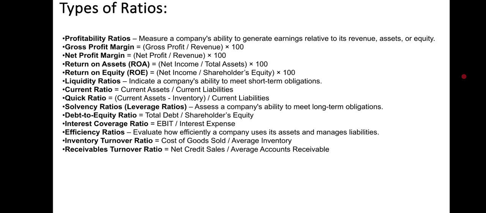Let's start with the first one, profitability ratio. It is helpful to measure a company's ability to generate earnings relative to its revenue, asset, and equity. In the case of gross profit margin, gross profit is divided by revenue and multiplied by 100, and then you can find the gross profit margin of a company.